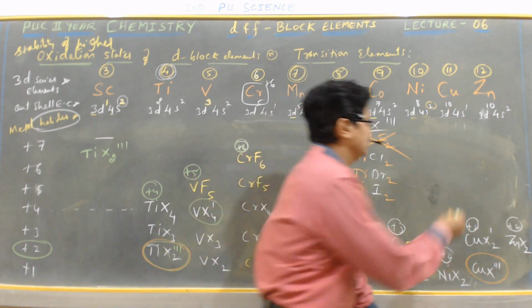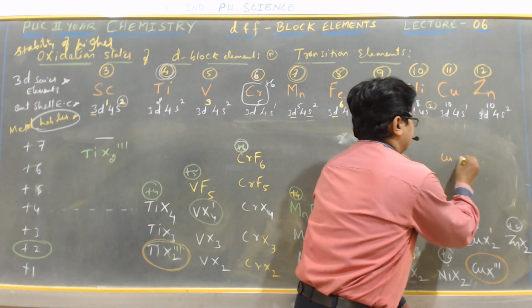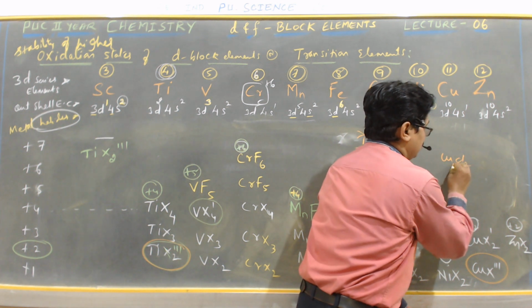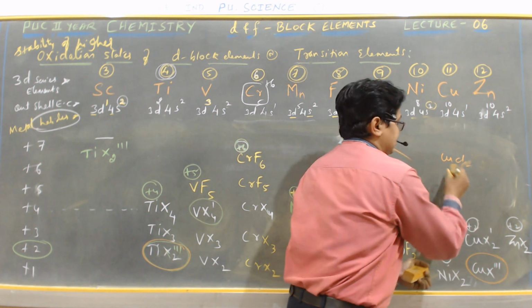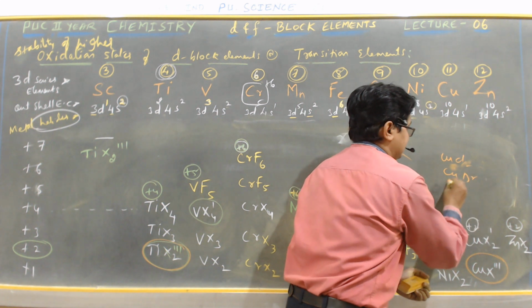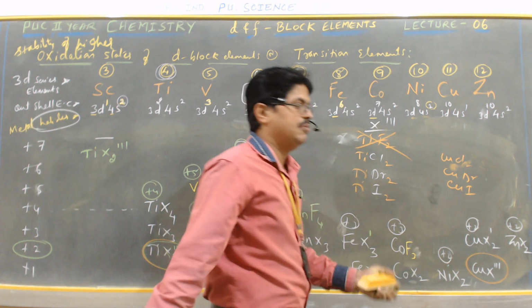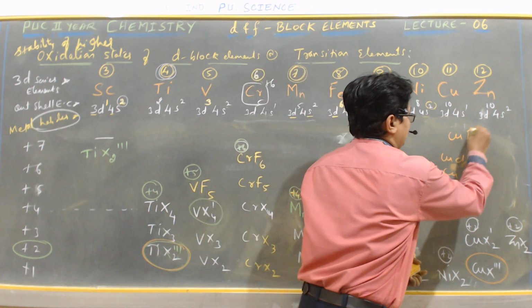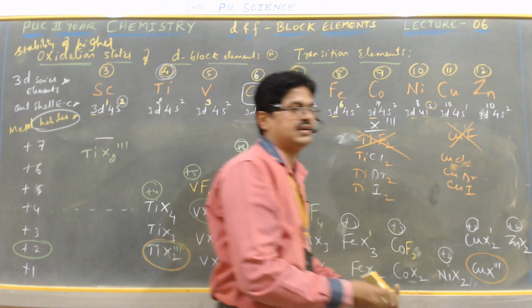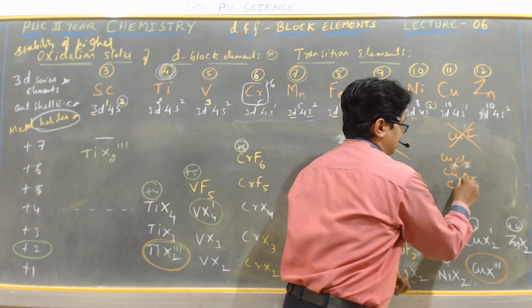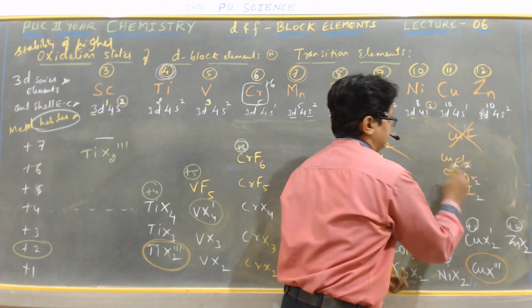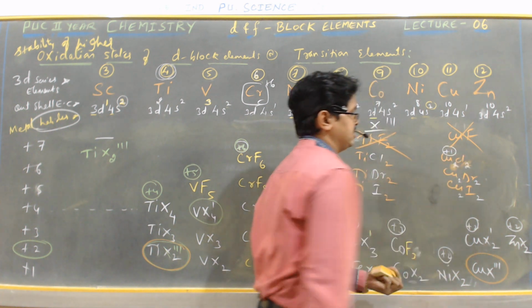Similarly here also, CuX triple dash means Cu2Cl2, sorry, CuCl exists, CuBr exists, CuI exists, but not CuF. CuF does not exist, because here copper is in the plus one oxidation state.